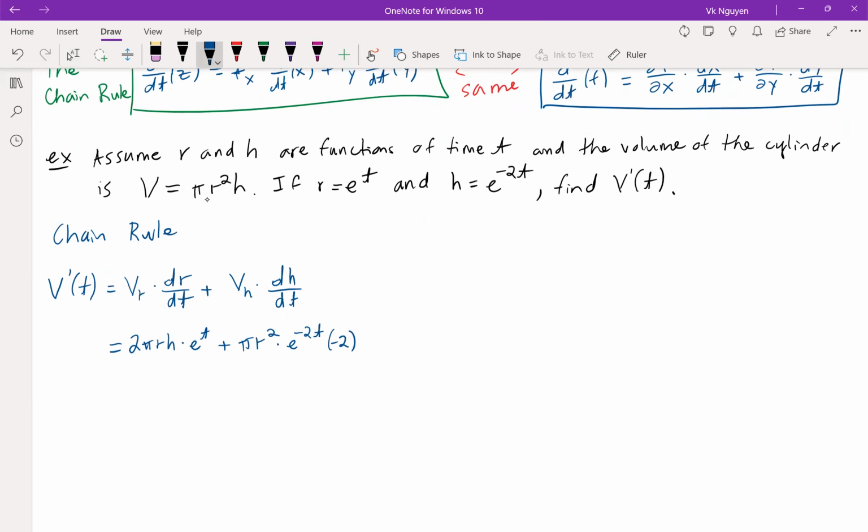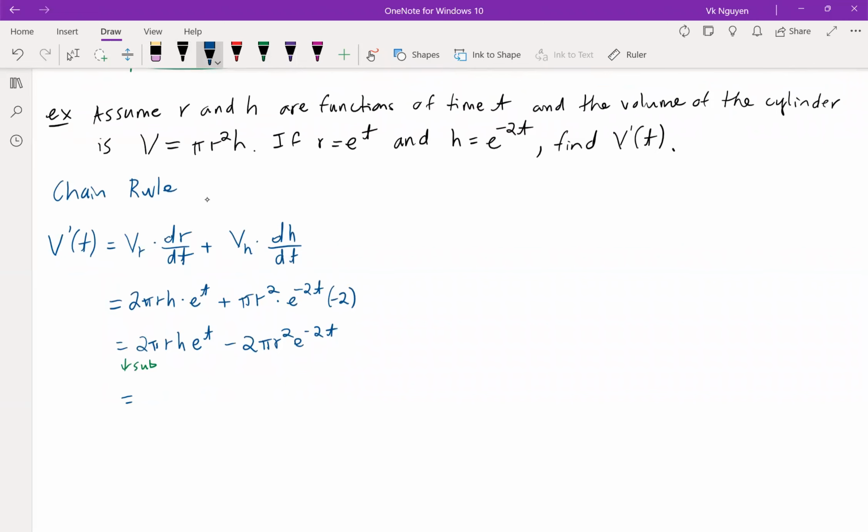What do we have here? We have 2 pi r h e^t minus 2 pi r squared e^(-2t). Next step, we have to do the substitution, because r equals e^t and h equals e^(-2t).